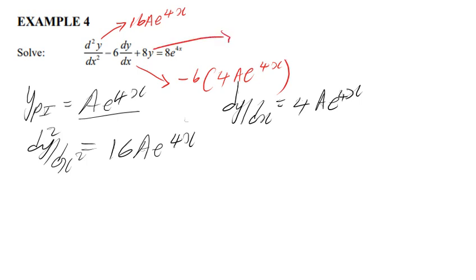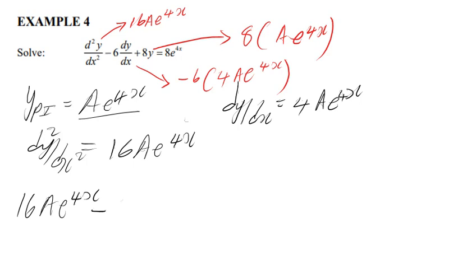Then for this one, you leave 8 open bracket, you put the a e to the 4x.